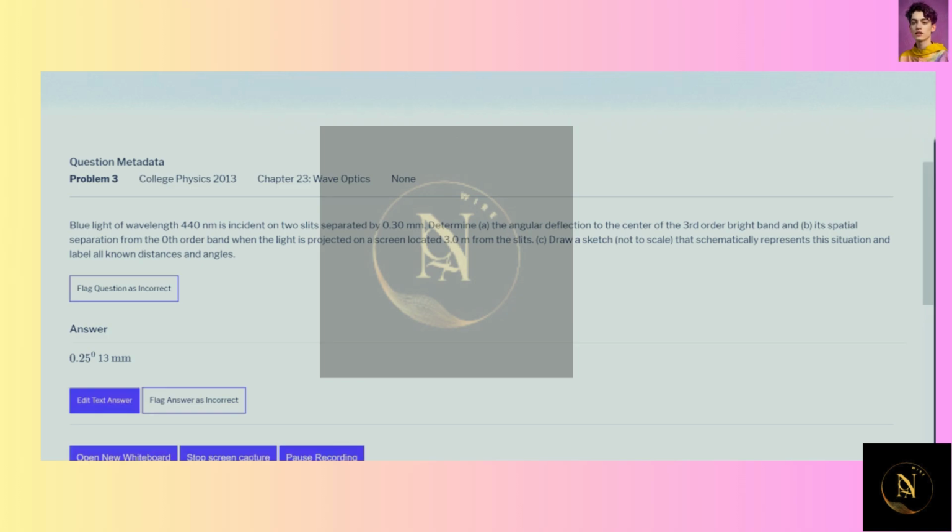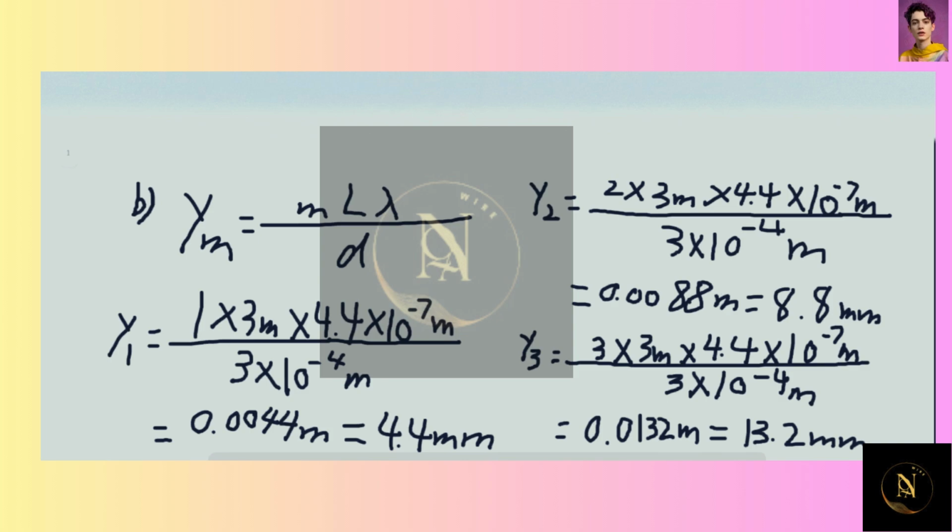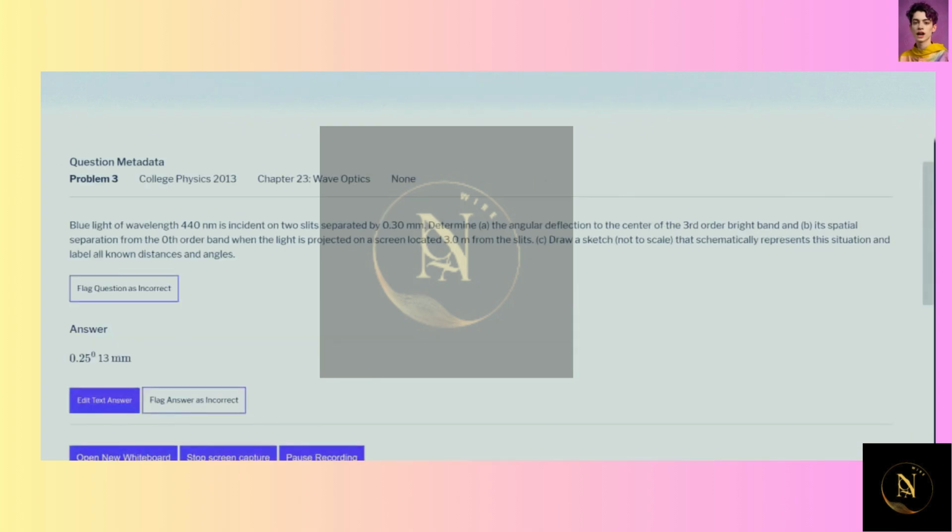For the spatial separation from the zeroth order to the m order band, the formula is y m equals m times capital L times lambda divided by d, where m also means the order, and capital L means the distance from the slit to the screen, which is given as 3 meters.